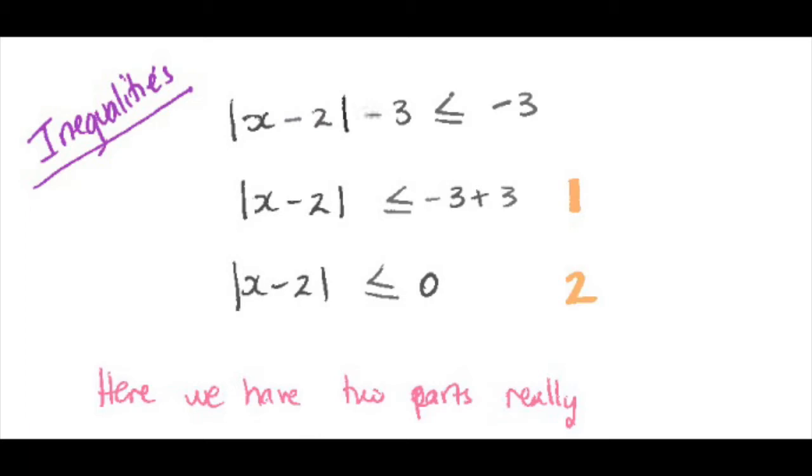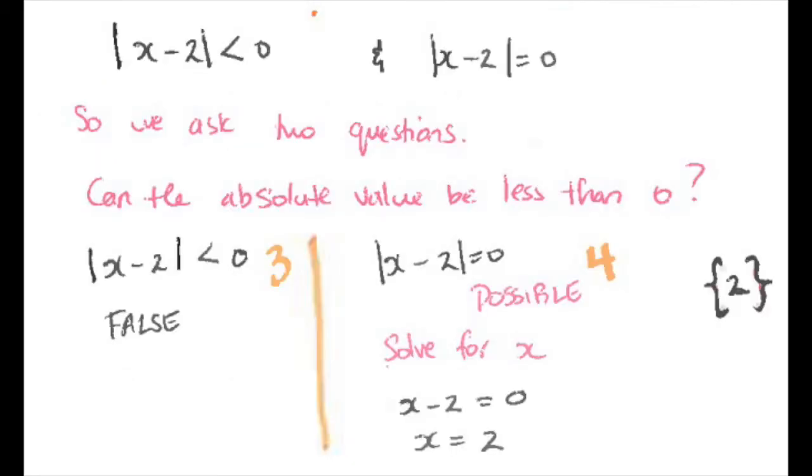So here we really have two parts. We've got the absolute value of x minus 2 is less than 0. We also have the absolute value of x minus 2 being equal to 0. So now we've got to ask ourselves two questions. Can the absolute value be less than 0? No, it cannot be less than 0, because you're going to end up with a negative number.